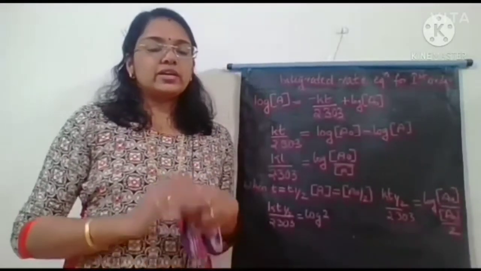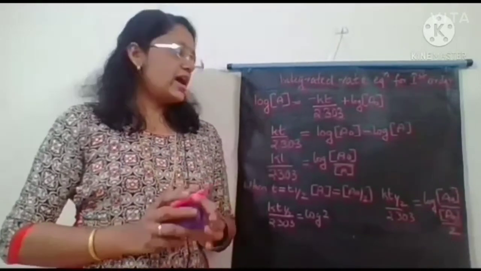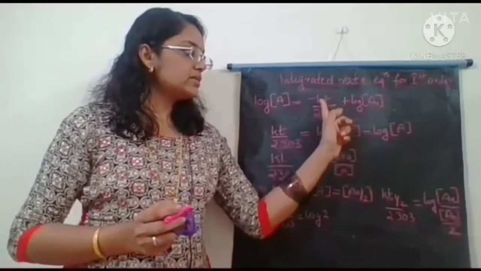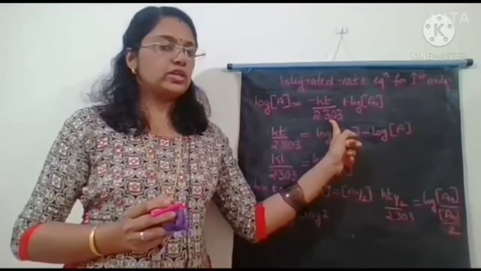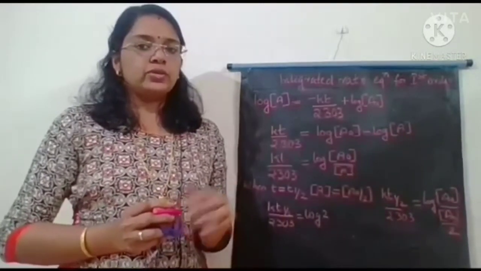So we have found the integrated rate equation for the first order reaction as log A is equal to minus Kt divided by 2.303 plus log A0.